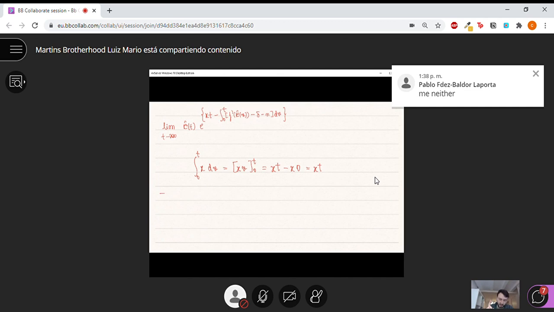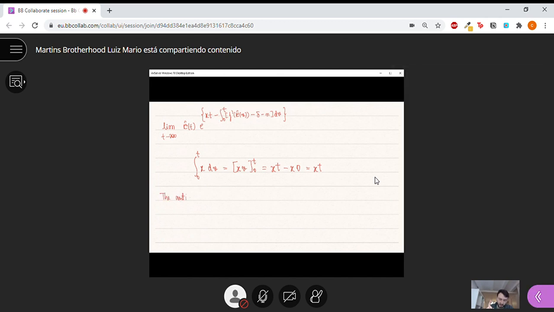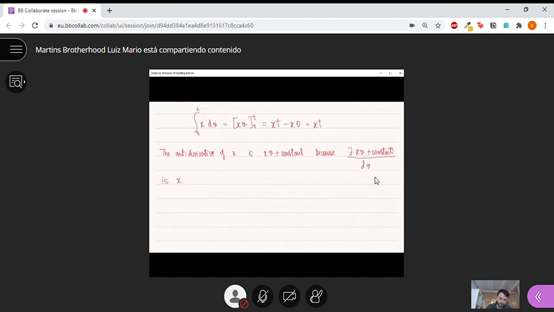The antiderivative of x is xv plus a constant, because the derivative of xv plus a constant with respect to v is x.